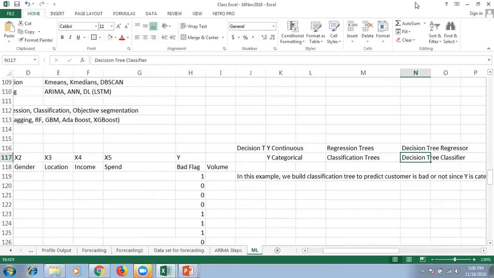Which day do you want to come? Tomorrow? My suggestion is tomorrow. The reason is you will have a Sunday break, and Monday onwards the sessions will start again. So let's finish tomorrow, and then take the remaining part from Monday.